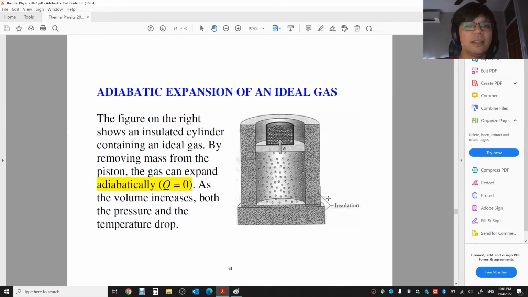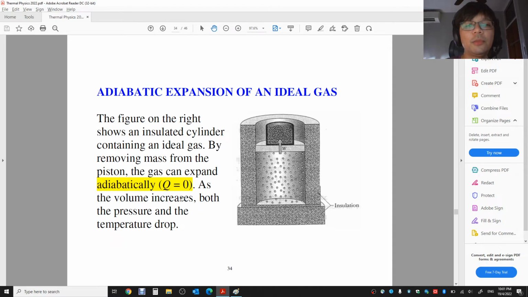And lastly, we will look at the adiabatic expansion of an ideal gas. Here we have a cylinder of gas again that is insulated, and this gas can be forced to expand by removing some mass on top of the piston. Since it is insulated, this process happens quickly with no time for heat transfer with the environment.